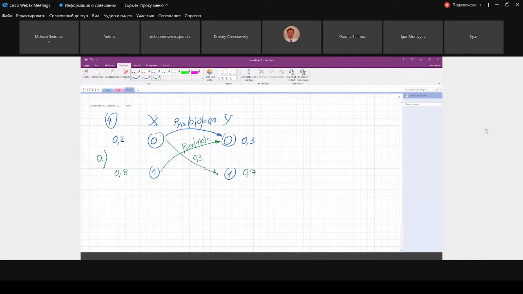The question is, how large is it? Is there any idea how you could calculate this probability?